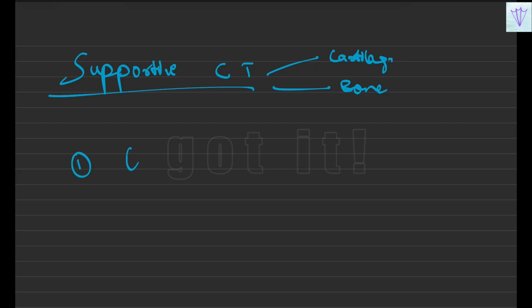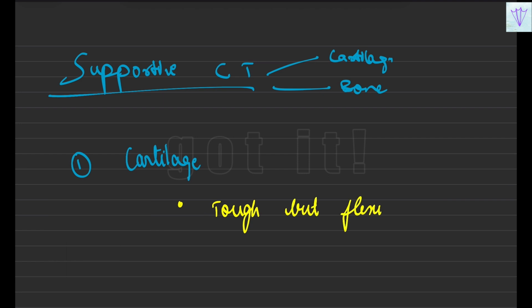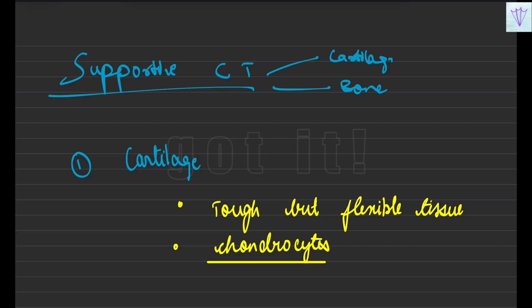Now first, speaking of cartilage. The structure of this is, it is hard or tough, but it is a flexible tissue, and the cells are called chondrocytes.